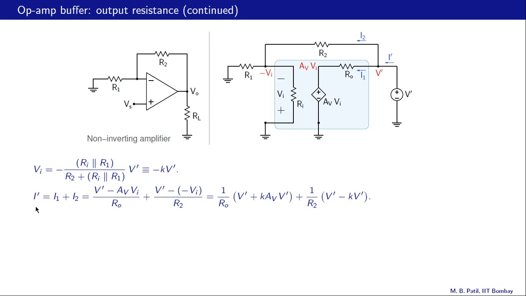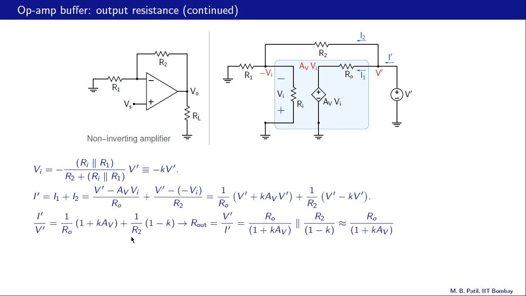So we now have I prime in terms of V prime. All of these are in terms of V prime. And we can now obtain I prime divided by V prime. What we want is V prime divided by I prime, the output resistance. So let us do that. So I prime by V prime is 1 over RO, 1 plus K times AV, the first term here, plus 1 over R2, 1 minus K, the second term here.